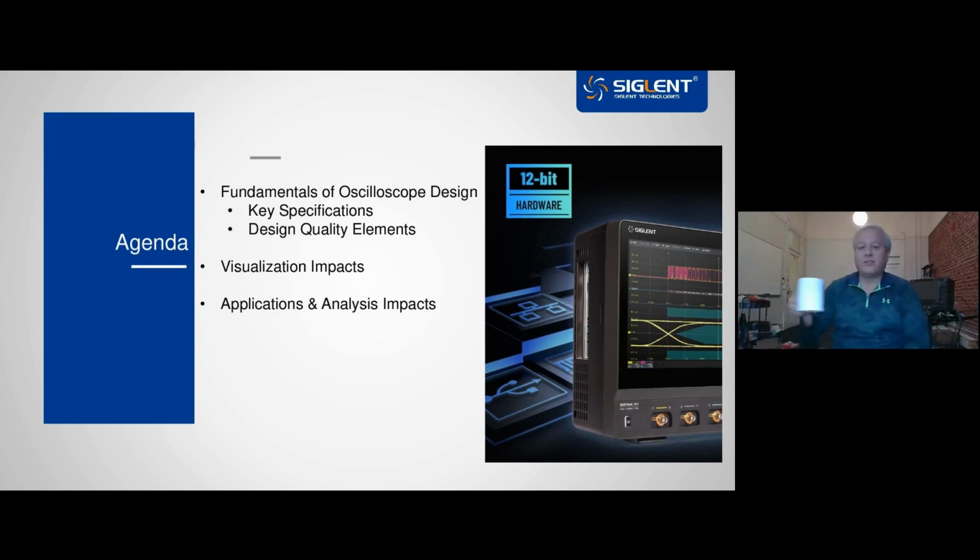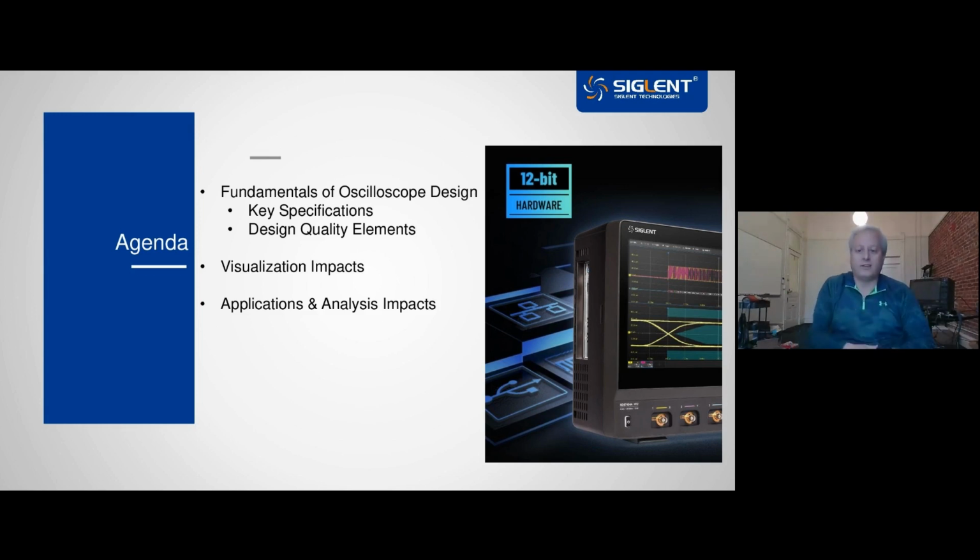So we're really going to discuss this in 4 different phases. We're going to start with some key specifications, how we understand them and how they interact, then dig a little deeper into design quality, choices we make at the design level that don't always show up in the first page of a data sheet, but have an important impact on our measurement fidelity. Third, we'll look at some capabilities added to the instrument that impact how signals are visualized on the display.